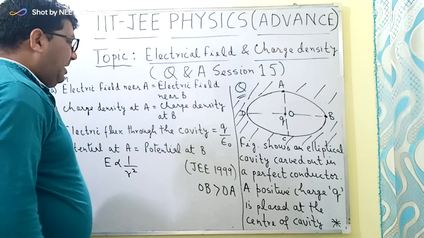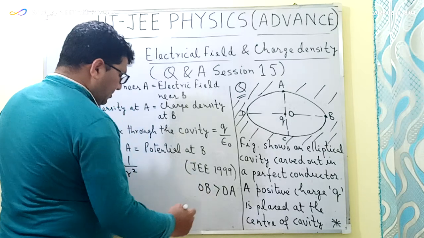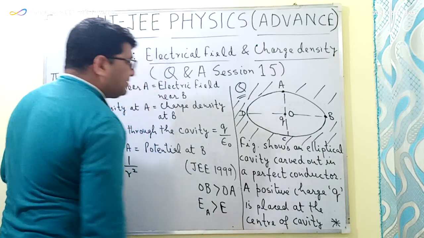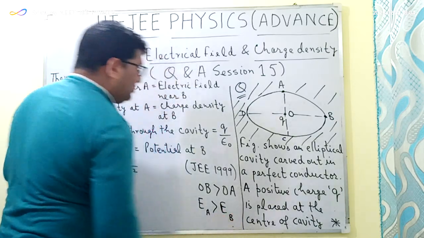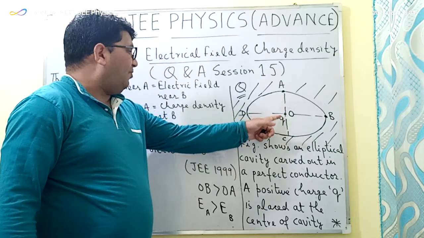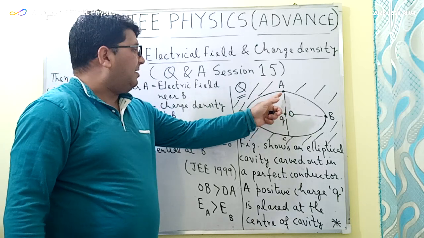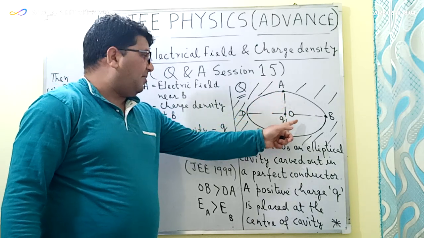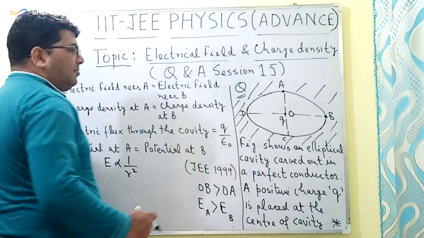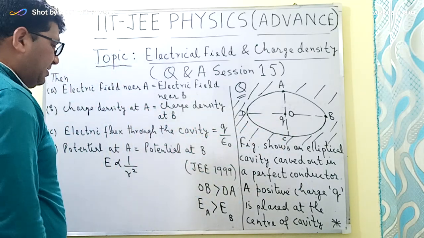is greater than OA, and because of this the intensity of the electric field near A, let us say this is EA, will be greater than the electrical field intensity near B, because the value of R when we are calculating the intensity of electrical field near A is less in comparison to the value of R when we are calculating the electrical field intensity at the point B from this charge Q which is placed at the center of this elliptical cavity.